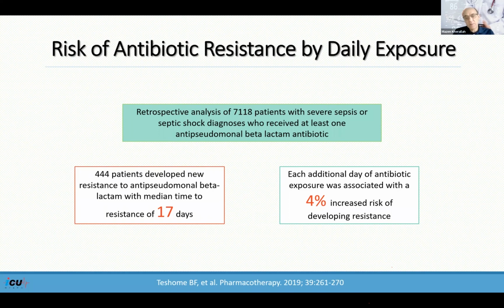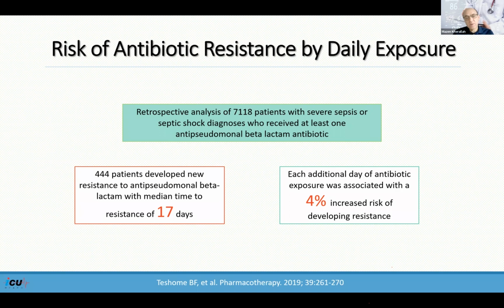At the same time, giving antibiotics for longer or unnecessarily is associated with an increased resistance rate in the ICU. This study, published in 2019 in Pharmacotherapy, included more than 7,000 patients with severe sepsis who received at least one anti-pseudomonal beta-lactam antibiotic.